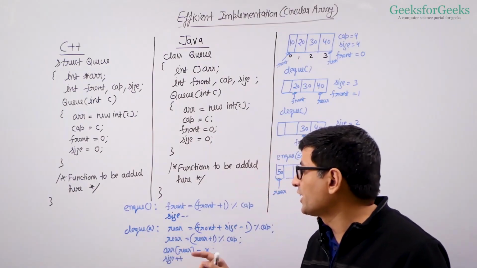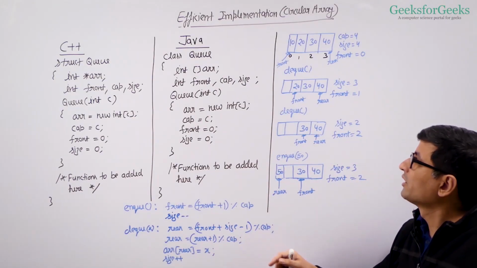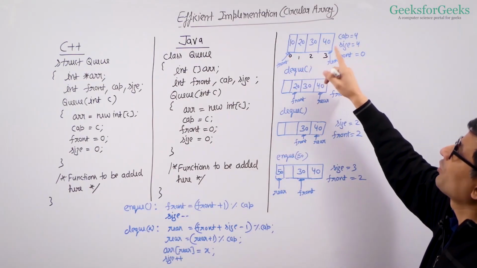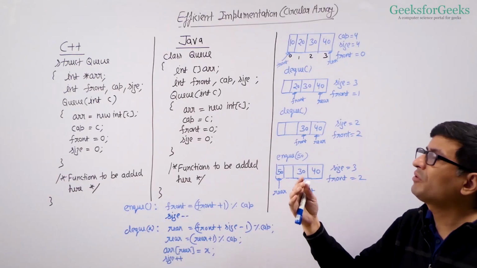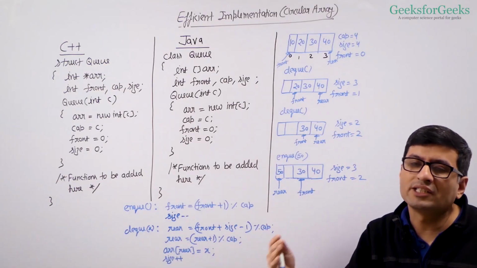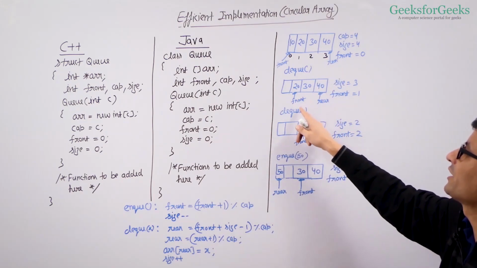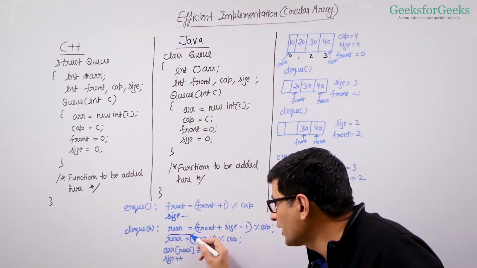Because we can always get the rear as front plus size minus 1 modulo capacity. For example, if you see this here, your size is 4 and front is 0, you can get the rear as 0 plus 4 minus 1 modulo capacity, which is 3, right? If you see this example again, you can get the rear using this particular formula, right?